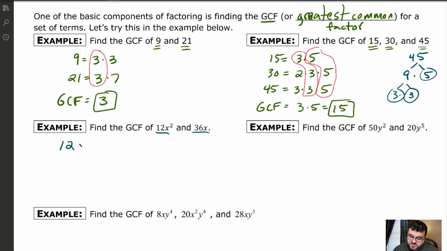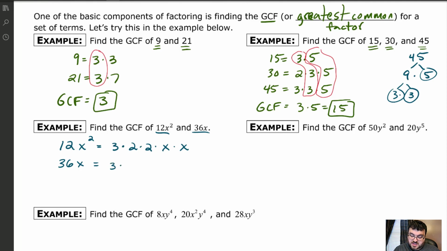So if I break down 12x squared, 12 is 3 times 4, which 4 is 2 and 2. So 3 times 4 will give me 12, and then I have x and x as my variable. And then 36x, well, 36 is 3 times 12.